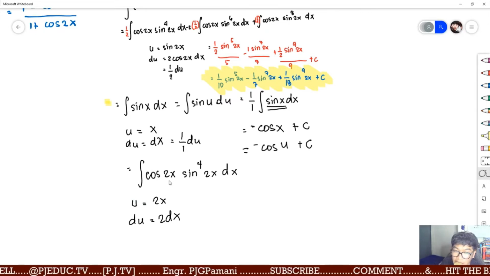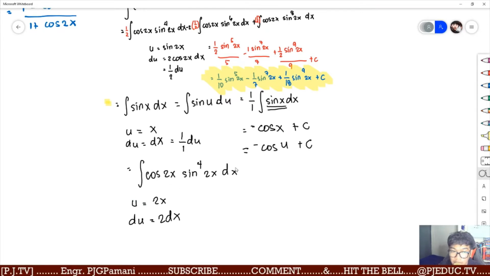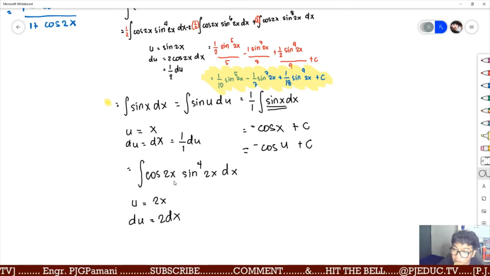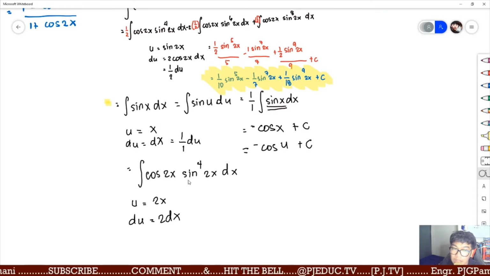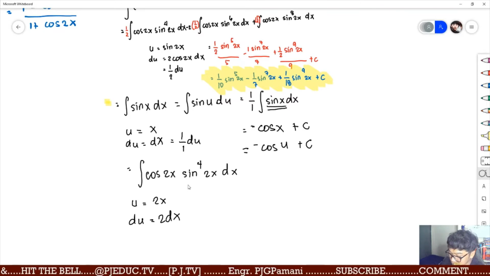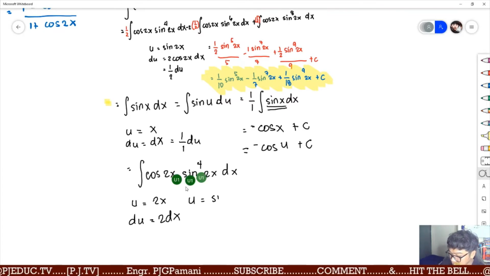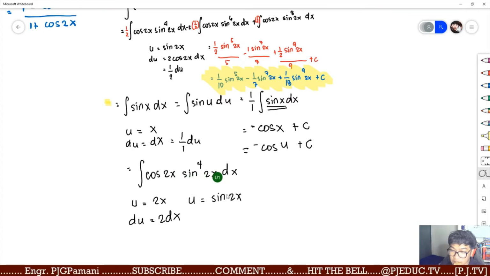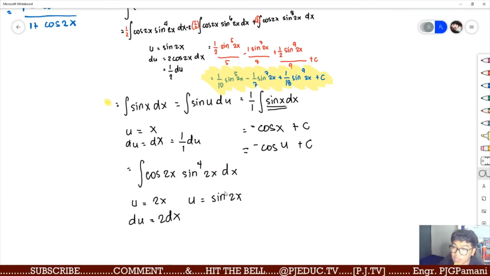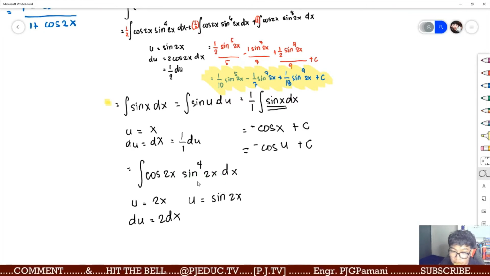But within our integrand, we cannot solely integrate an integrand that has an exponent and an integrand that is completely different from that term. So magkaiba sila, hindi sila nagko-complement with each other. So basically, gagamitin natin yung buong term, that is sine 2x, term which carries the larger exponent than the other. So mas malaki yung exponent ni sine, so yun yung gagamitin natin.